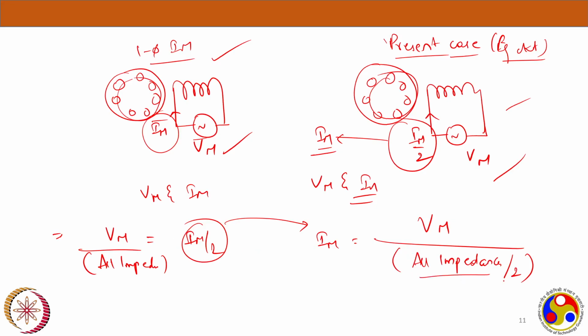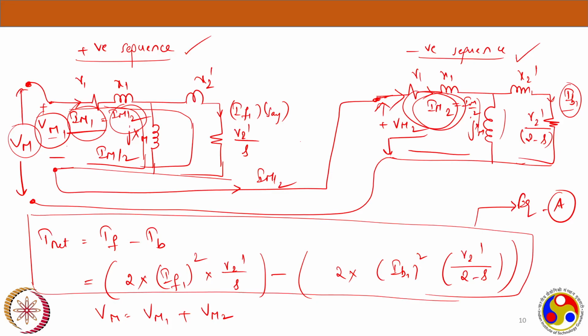So if I can halve all the impedances by this factor, then the current would be doubled. From the equivalent circuit, Vm is the same, and I will divide all the impedances in this particular equivalent circuit by 2. I will make them all half. Then whatever you get, the current would be twice. The current would be Im.